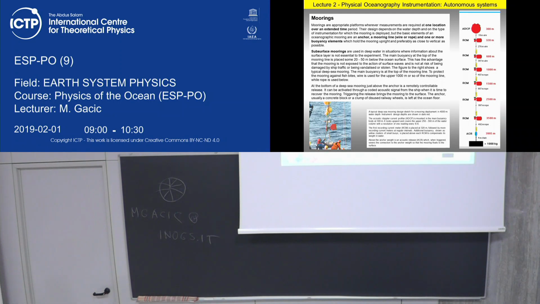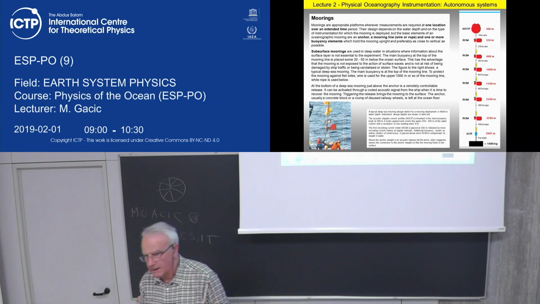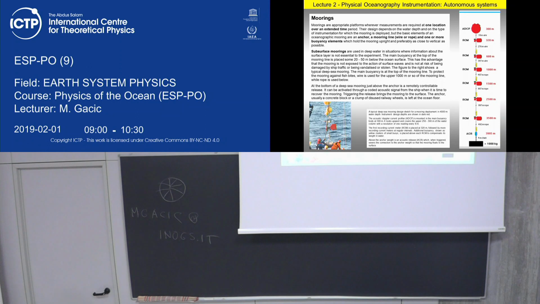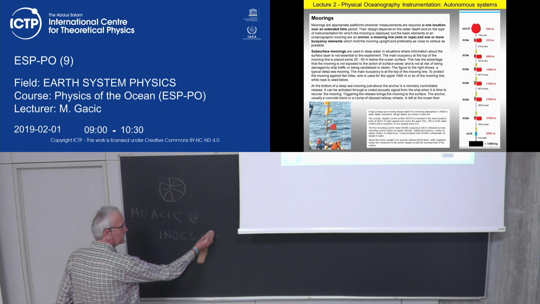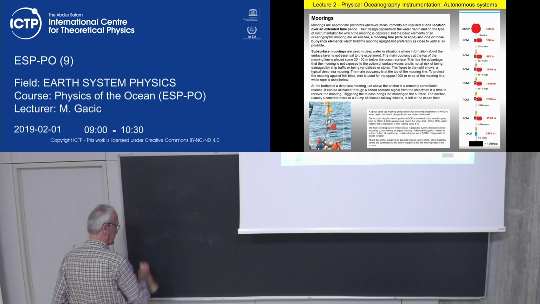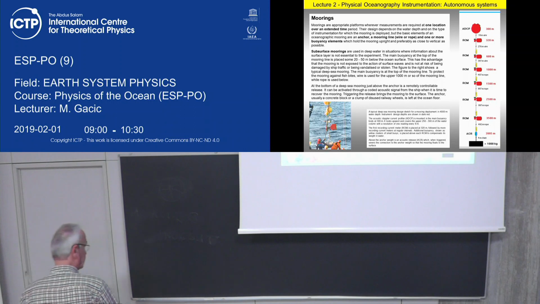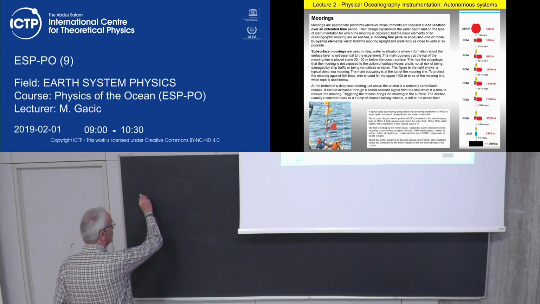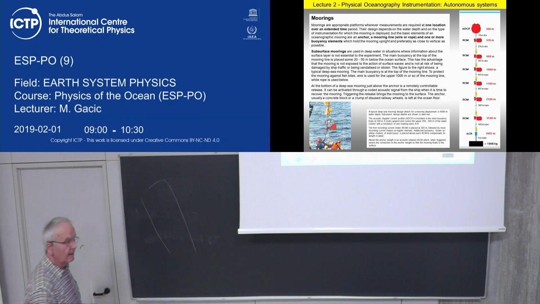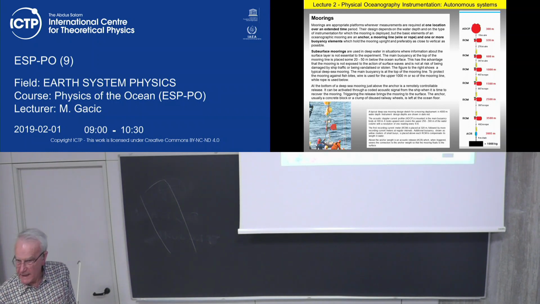How to choose the place where to put this Eulerian measurement? They have to be representative of the phenomena you want to study. If I want to study the vertical winter convection, what I would do is study first where this vertical convection is very likely to appear.